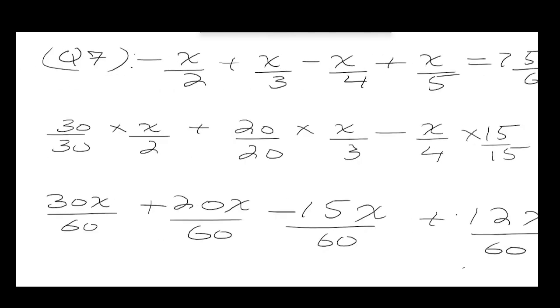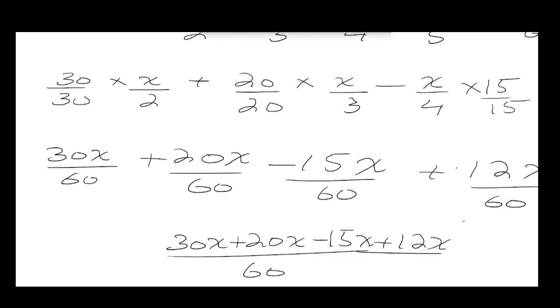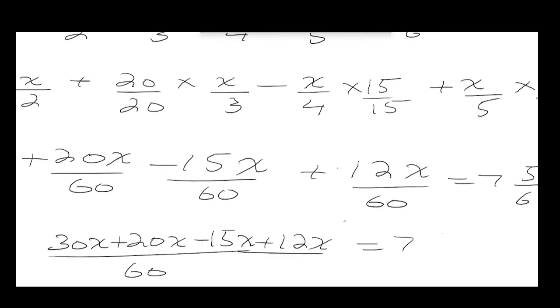So as the denominator of all the terms is the same, we can just write it only one time, and then we can write 30x plus 20x minus 15x added with 12x, and this will be equal to 7 whole 5 by 6.